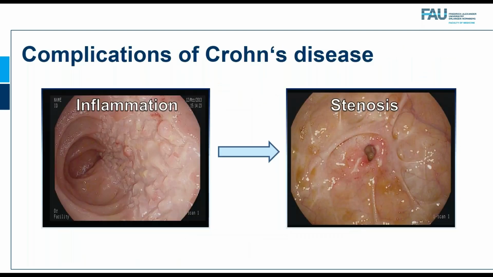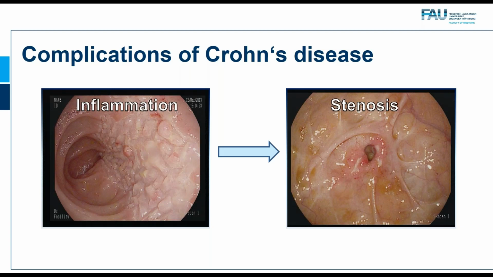Another interesting aspect is, of course, if we can evaluate complications of Crohn's disease. One relevant complication is the development of strictures or stenosis. And this is also relevant in a therapeutic context, since the stenosis can either be treated by surgery, or if it's more acute inflammation that is inducing the stenosis due to edema formation, it might even be accessible by therapeutic or medical treatment.